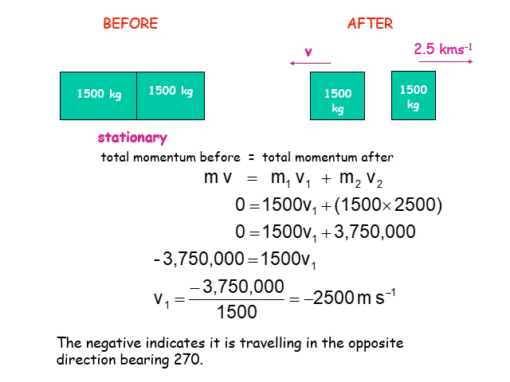So we substitute in our numbers, we can rearrange, and we end up with the fact that the speed in the other direction, because it has an identical mass, half the mass, will be the same as the speed to the right. So the speed at 90 degrees is 2.5 kilometers per second. The speed at 270 degrees in the opposite direction is also 2.5 kilometers per second.